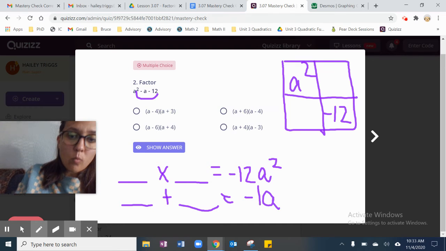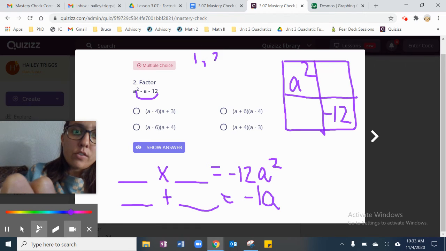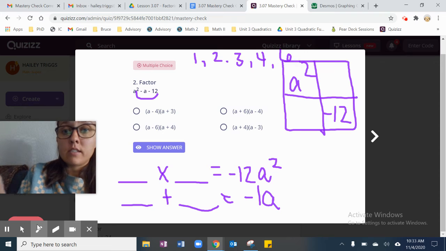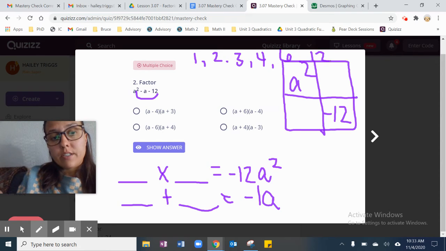I'm going to put 1 there because technically there's a 1. So the factors of 12 are 1, 2, 3, 4, 6, and 12. So which of those will subtract to give us negative 1?